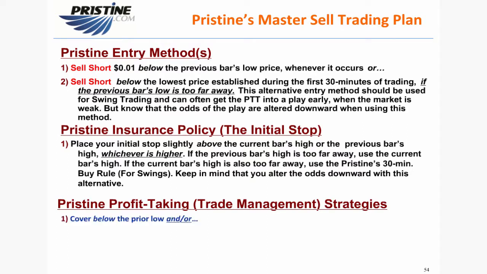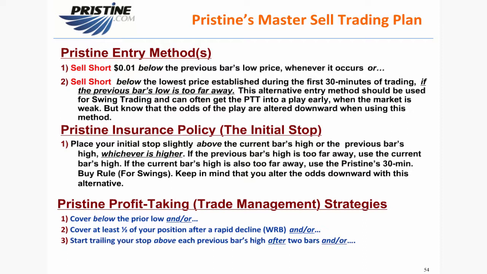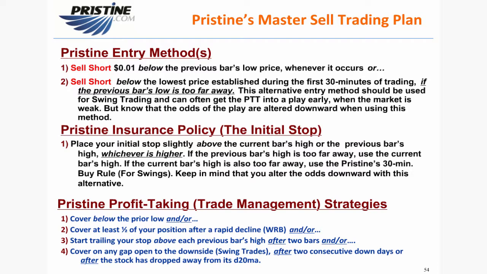And then your management can vary from covering below the prior pivot low to covering at least half after a rapid multi-bar decline and then trailing the position on a bar-by-bar basis. Or if you get a gap in your favor, there are a number of different ways to manage. Quite frankly, there is no one right way to manage. It's whatever fits your style, whatever works best for you, as long as you're making money.